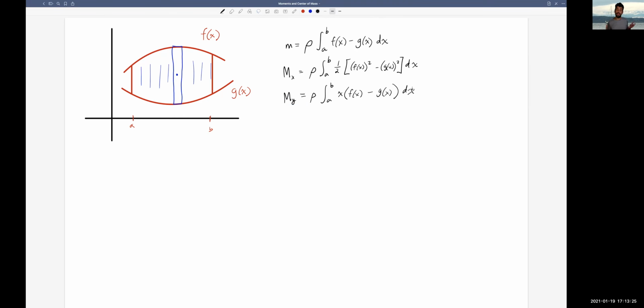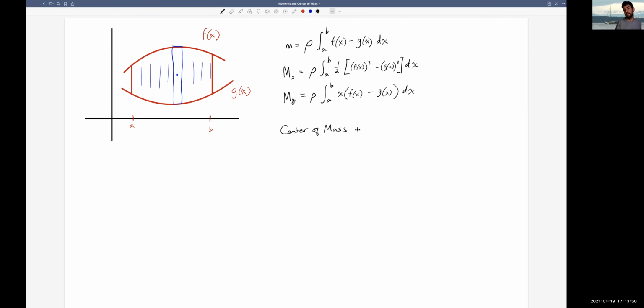These are pretty similar to the ones we came up with in the previous video. The difference being, this is the most general form. You just take g to be the function 0, and you get the formulas we came up with in the preceding video.